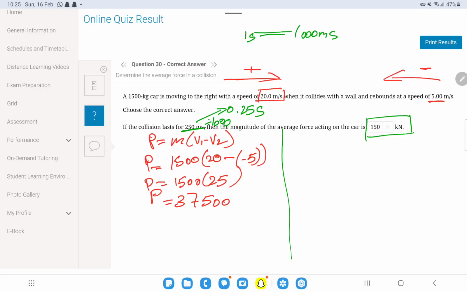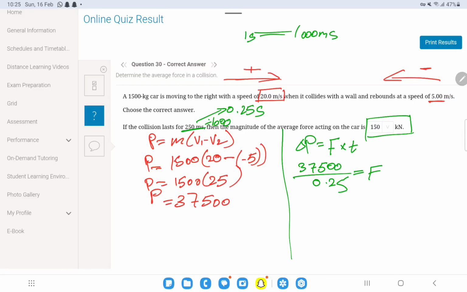And we know the equation, delta P is equal to F times T. So we got P is 37,500 divided by T is F, 0.25.